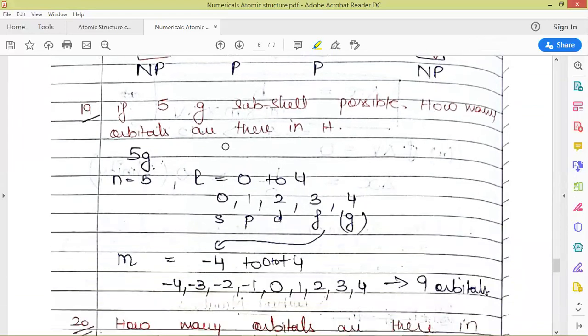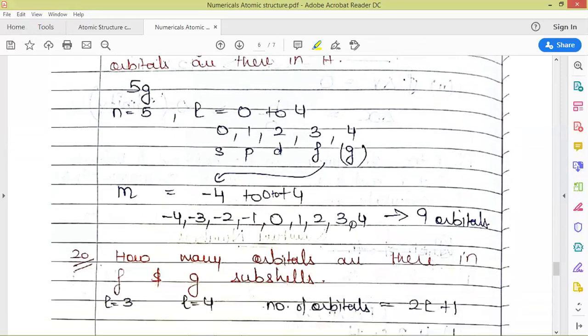So next question we have, if a 5g subshell is possible, how many orbitals are there in it? Let us see if it is possible or not. n is 5, L can be 0 to 4. For 0, designation is S, for 1, designation is P, for 2, designation is D, for 3, designation is F, and for 4, designation is G. So it is possible, and values of m can be minus 4 to plus 4 including 0.